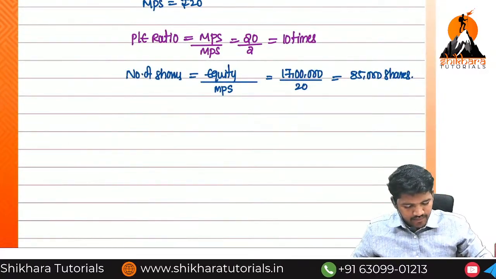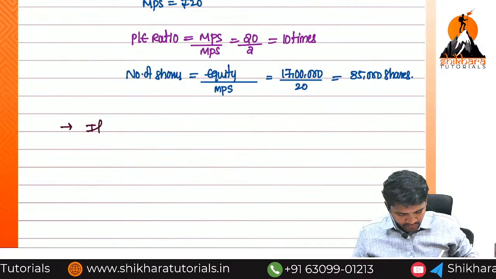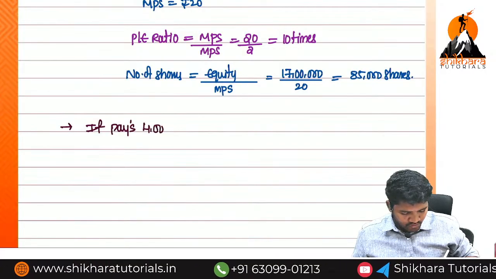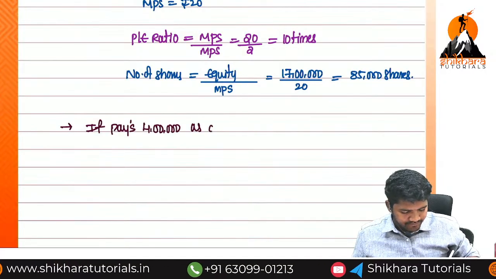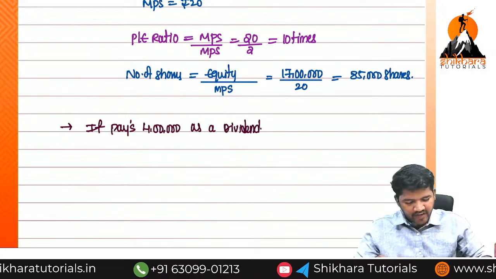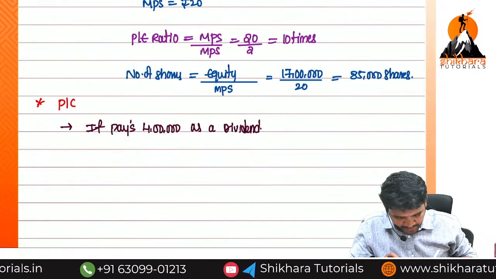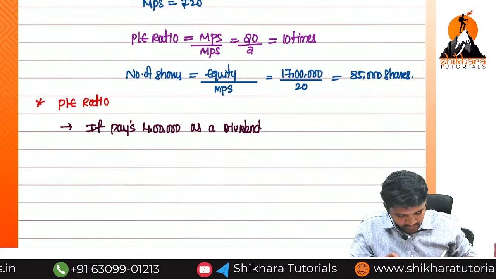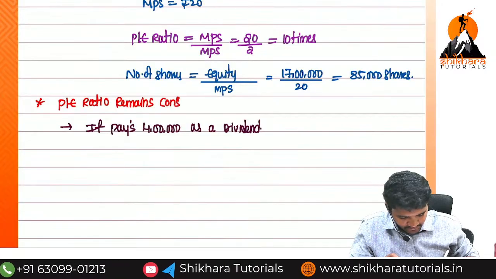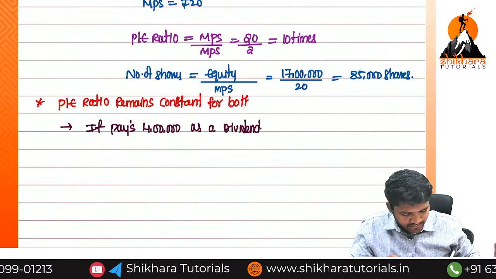Now we start with the problem. If it pays 400 lakhs as a dividend, before that write down the assumption. What's the assumption? PE ratio remains constant for both alternatives.